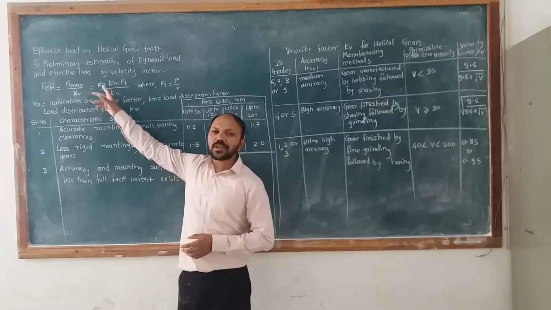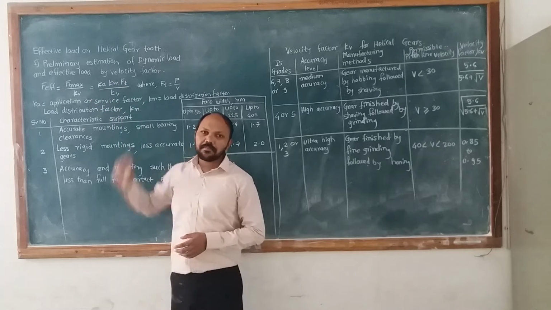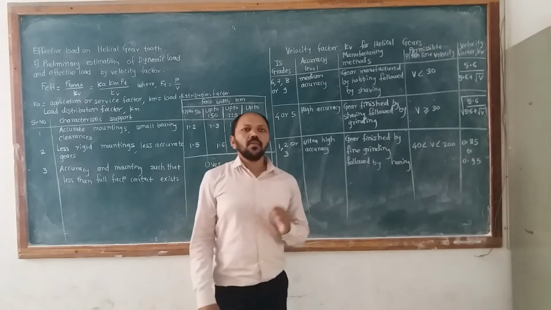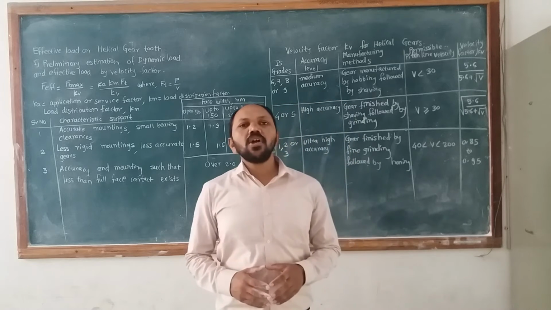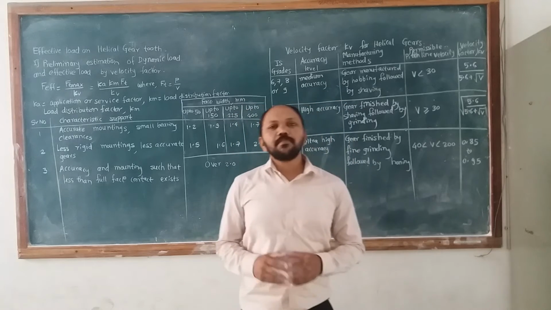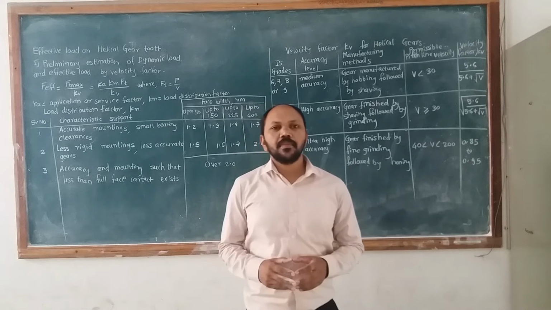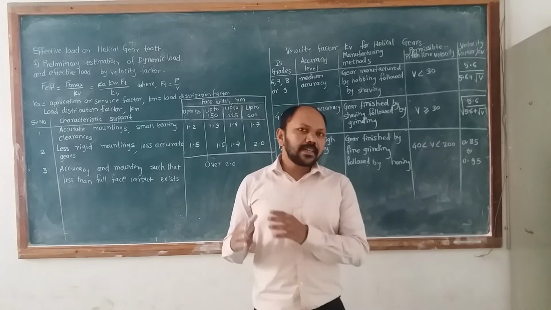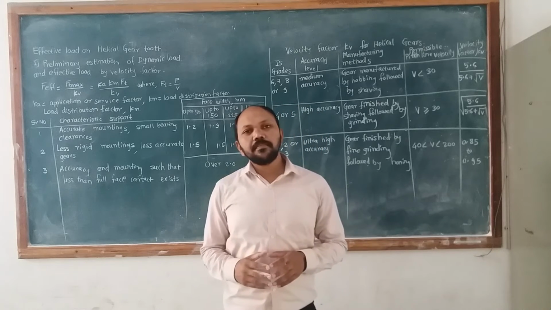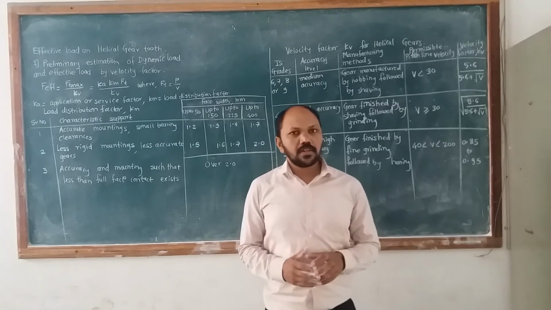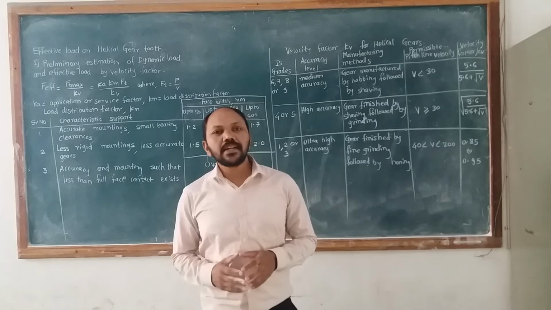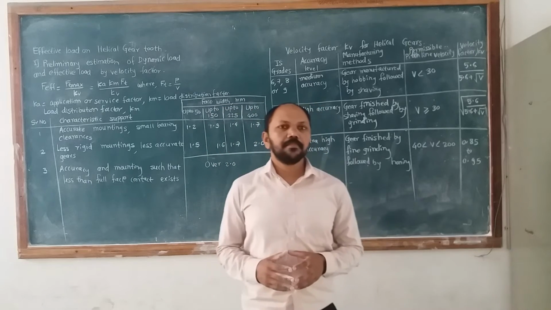Ft max is equal to Ka into Km into Ft. What are this Ka and Km? Ka is called the application factor or service factor. Km is the load distribution factor. And what is this Ft? Ft is the tangential force. It is also called the theoretical tangential force.